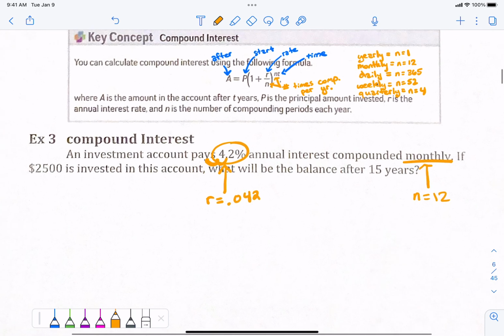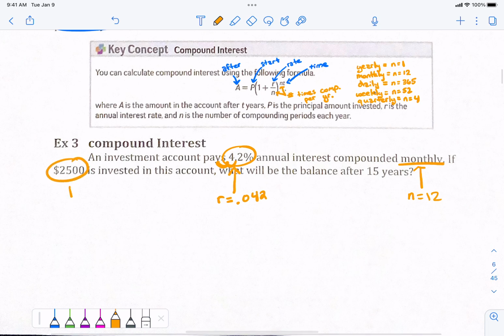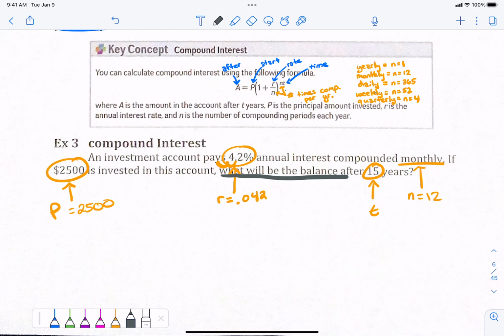If 2,500 is invested, what's 2,500? That's the starting amount, which is P. Is invested in this account, what will the balance be after 15 years. 15 is T, so what are we solving for? A, that's what we don't know.